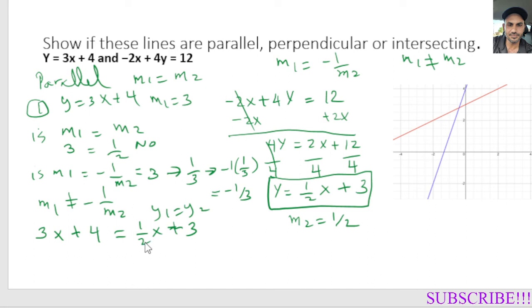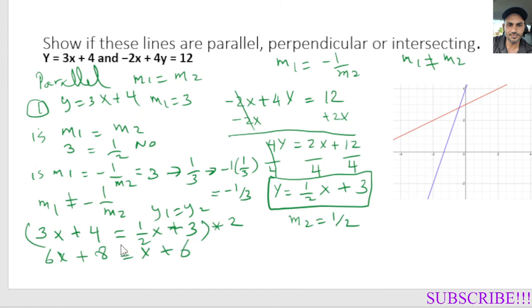To eliminate the denominator, we multiply the whole thing by 2. So this becomes 6x plus 8 equals 2 times 1/2, which is just 1x, plus 2 times 3, which is 6.